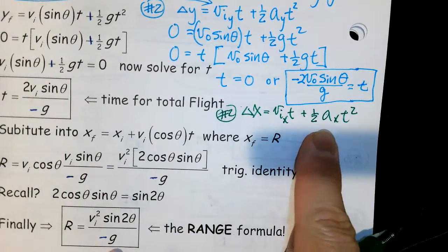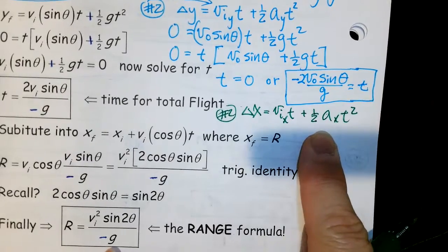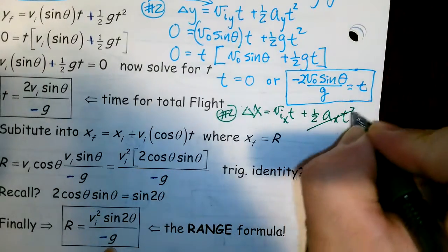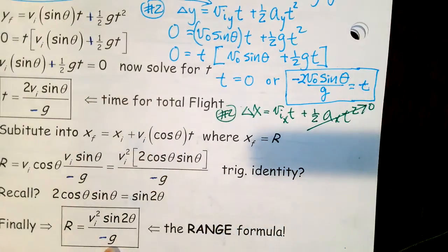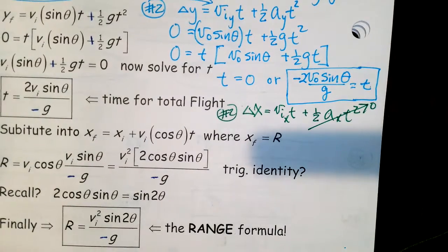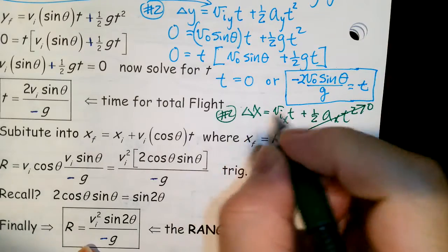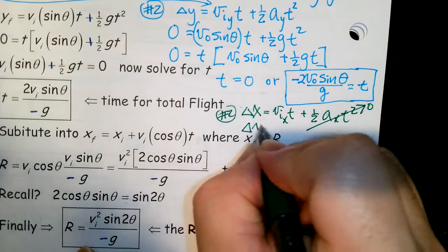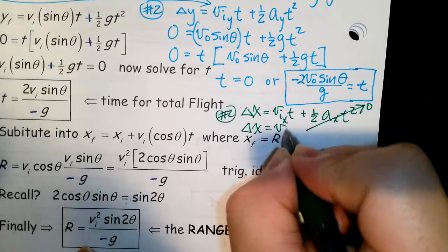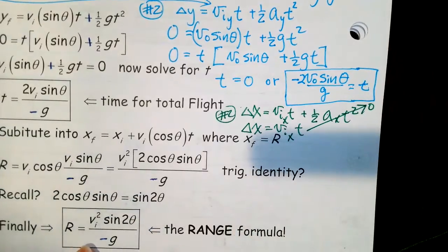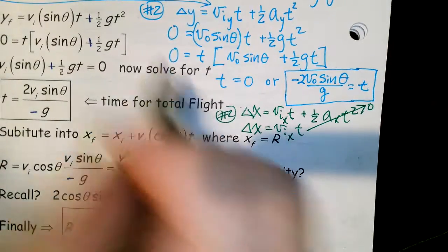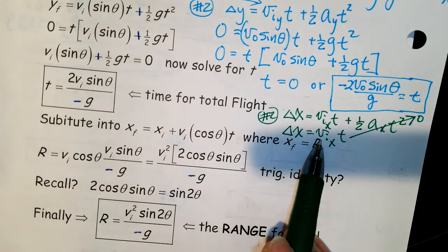But we know the acceleration in the horizontal direction is 0. So this whole term just goes to 0. So the only thing we have left is delta x is equal to V_ix times time. We know V_ix is V naught cosine theta. So we can substitute that in there.